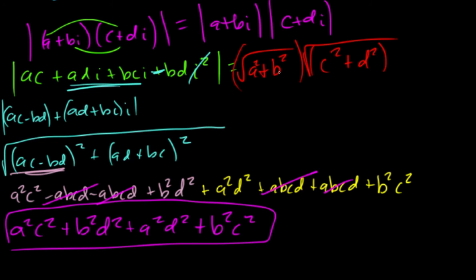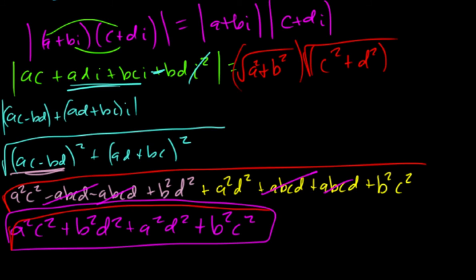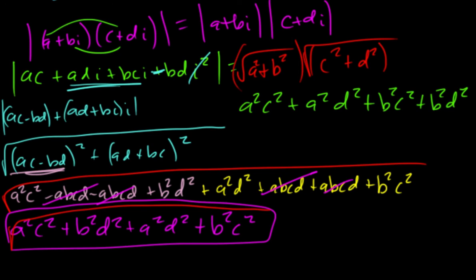And when two things are under square roots, you can multiply them and still keep them under a square root. Oh, by the way, these are still under square roots. Okay, so we multiply those: a squared c squared plus a squared d squared plus b squared c squared plus b squared d squared.